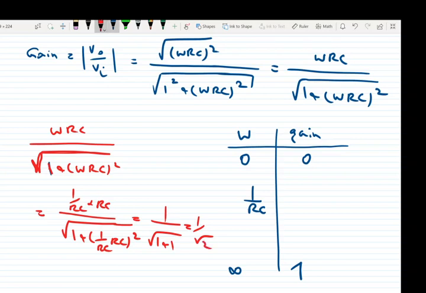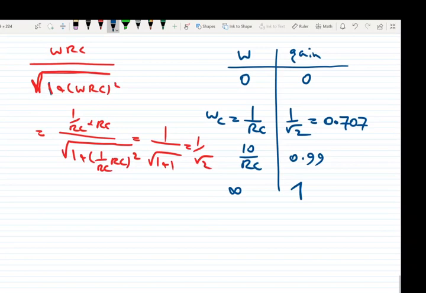So it's equal to the cutoff frequency. So omega C, the same as the low pass filter, we see that if we put omega C equal to 1 over RC, the gain will be 1 over square root of 2, or 0.707. What if we put omega equal to 10 over RC, we will have 0.99.